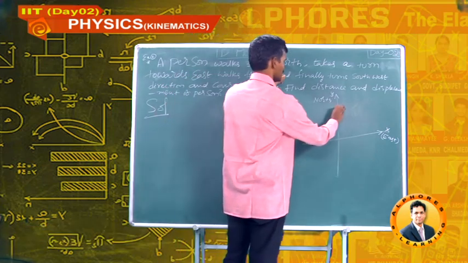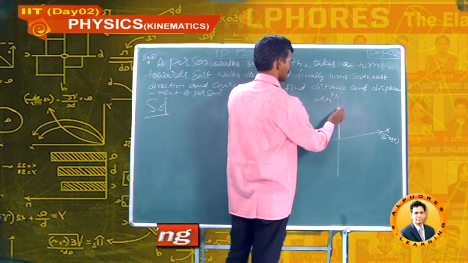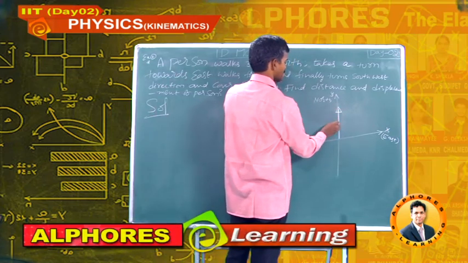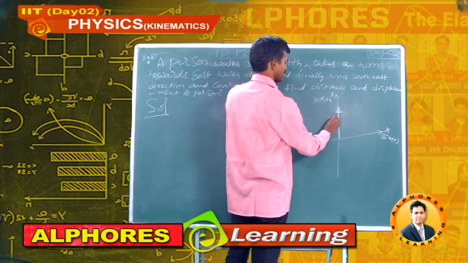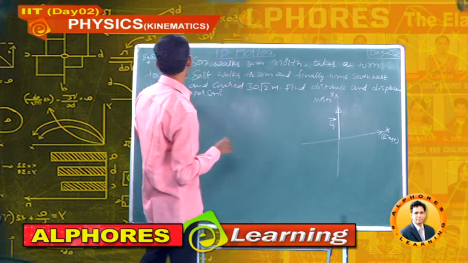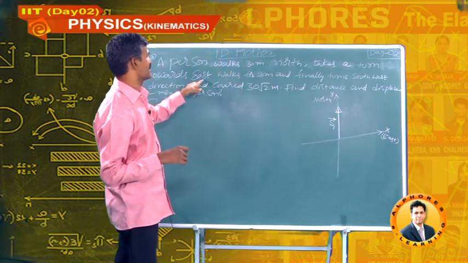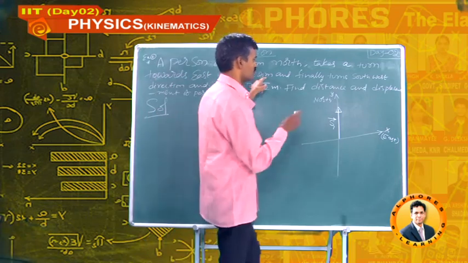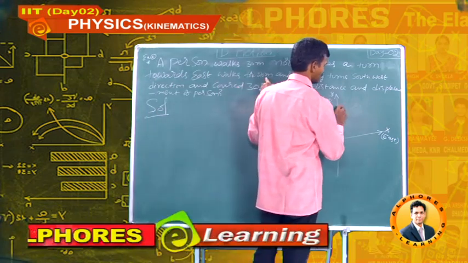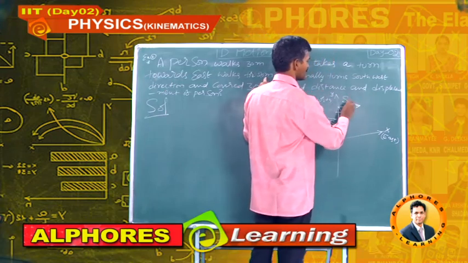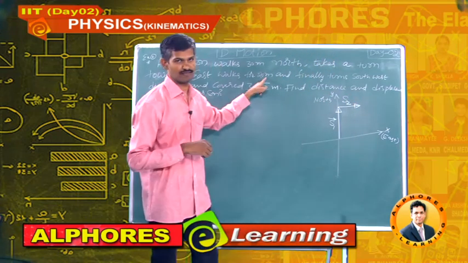This is the first displacement of that person, S1 bar. After that, he takes a turn towards east and continues for 20 meters. From here onwards, he started walking for 20 meters. This is the second displacement of that person.